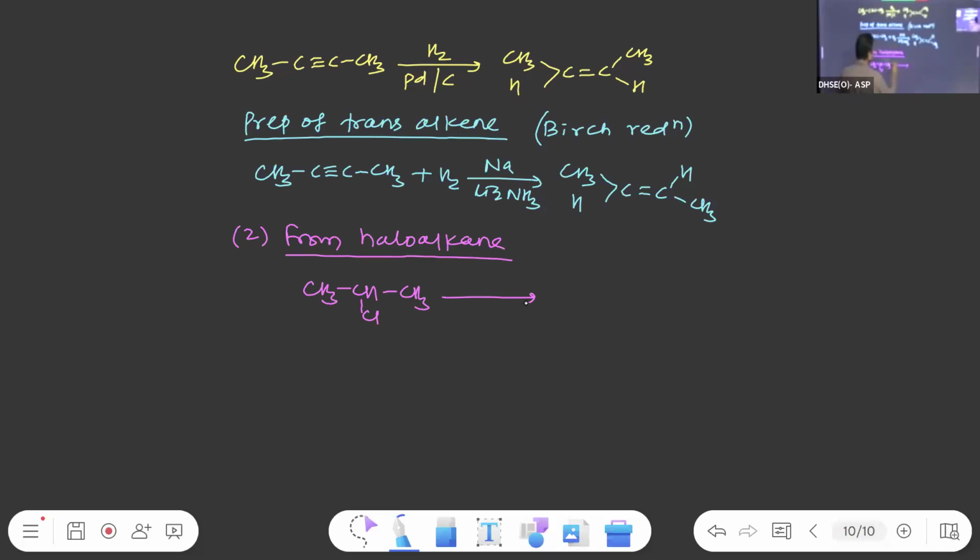The base is alcoholic KOH. The product will be propene. There is no option here, but if you are taking 2-chlorobutane in the presence of alcoholic KOH, the product will be but-2-ene.